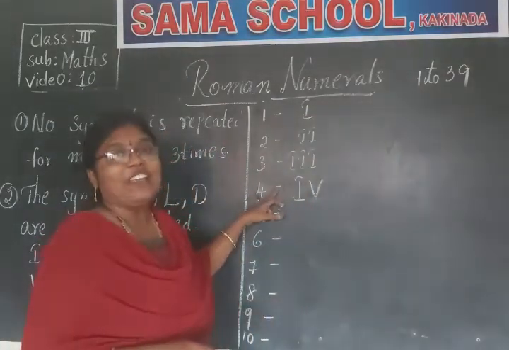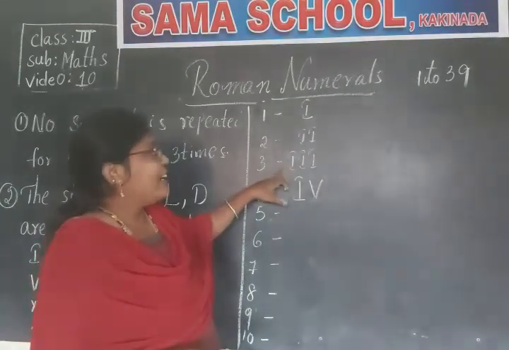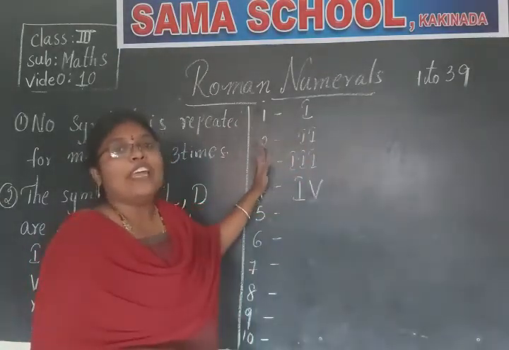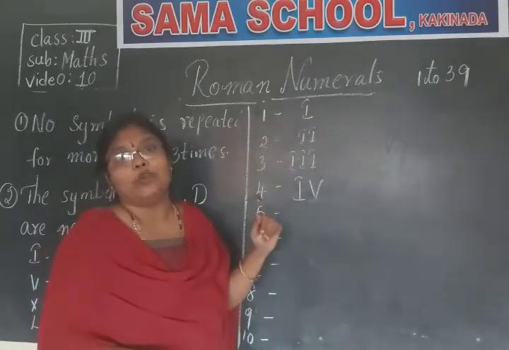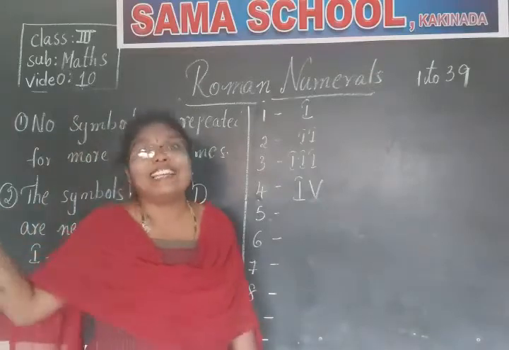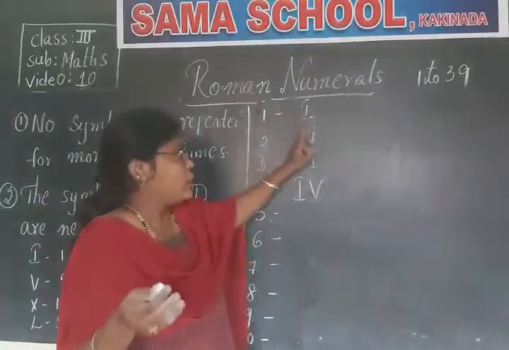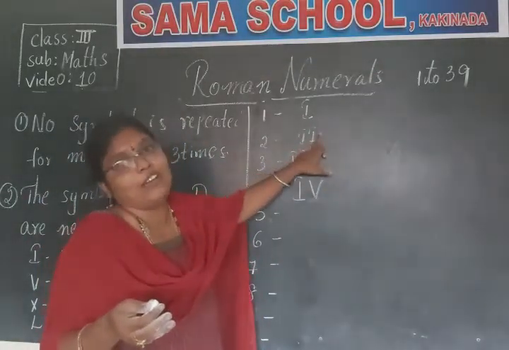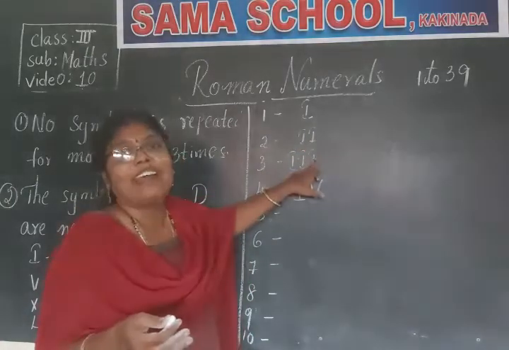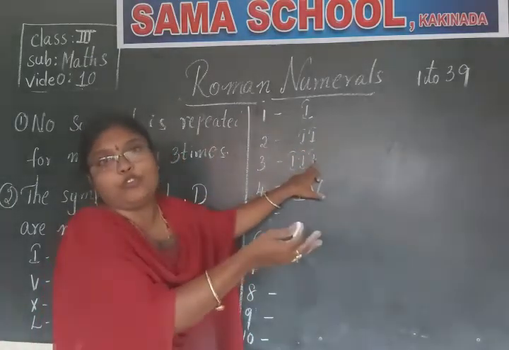That is IV. Children see, till here we are adding the numbers. When we are adding in Roman numerals, you have to write the number on the right hand side. See, 1. To the right of 1, we wrote one more I. That means 2. And we added another I to the right of 2.